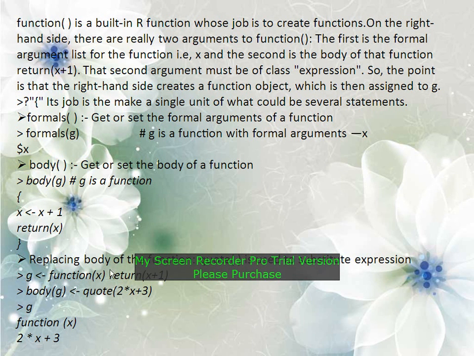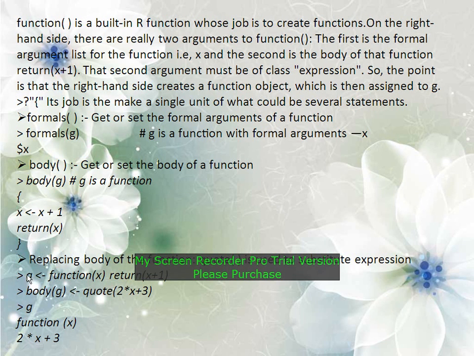Next function, replacing the body of the function with code function. We use the substitute expression. That is code function that can be directly used to replace the statements available in the body with another one.